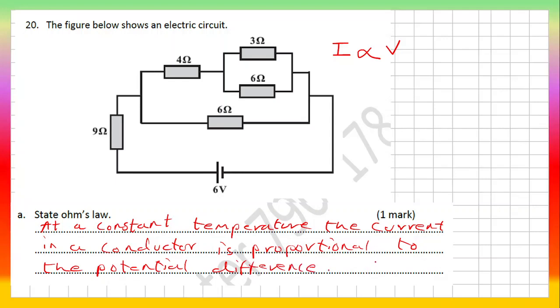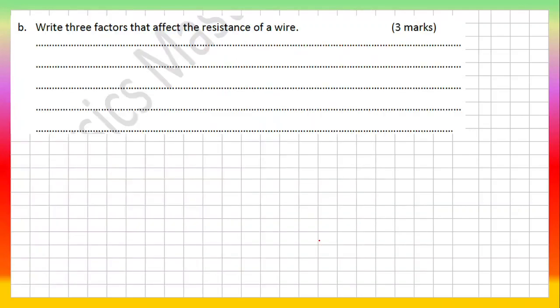Yes, so the current in a conductor at a constant temperature is proportional to the potential difference. Now this part is very important, that is at a constant temperature. So always capture it.